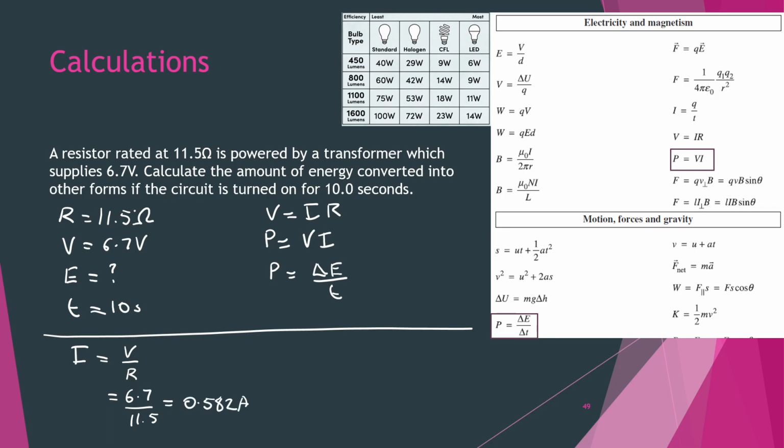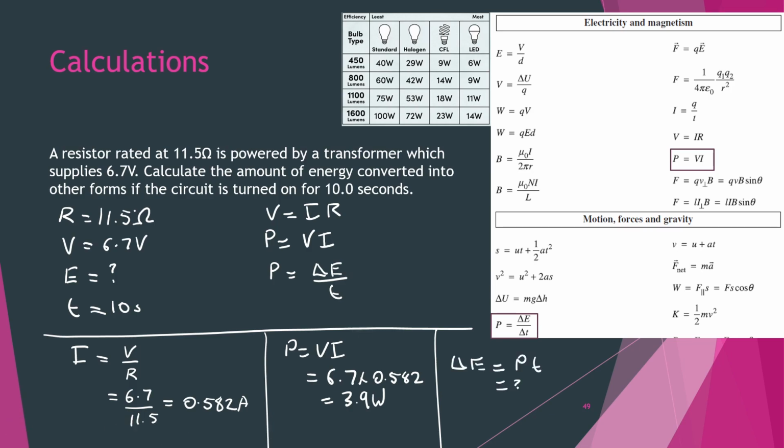Now that I know my current, I'm going to calculate for power. And now that my power is known, I can rearrange my power equation from module 2 to calculate for the energy change. And in the end, to two significant figures, my answer should be 39 joules.